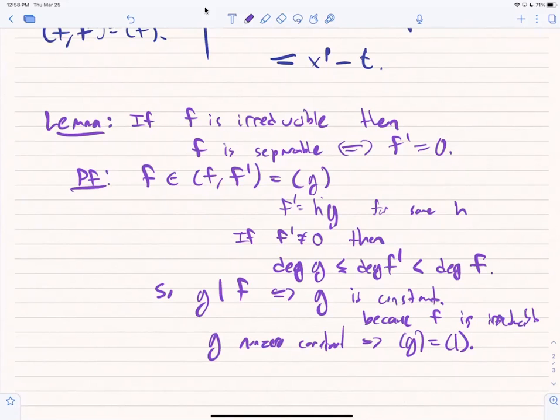So that says if f prime is not equal to 0, the ideal generated by f and f prime is the whole ring. f and f prime are coprime, so that's equivalent, by what we said before, to f being separable.